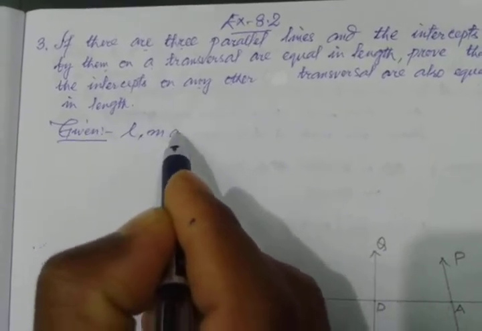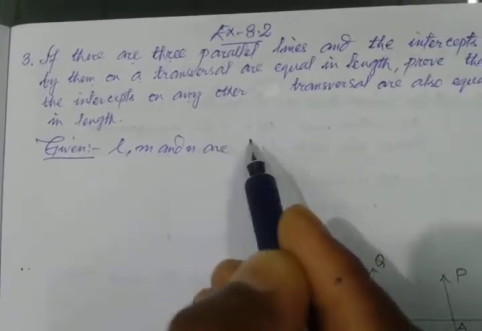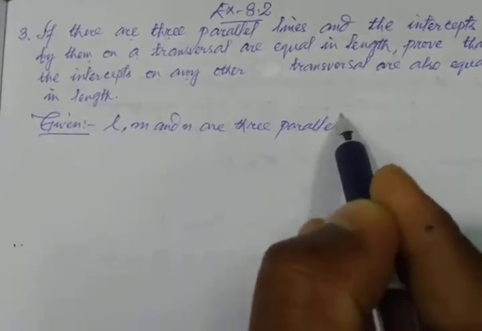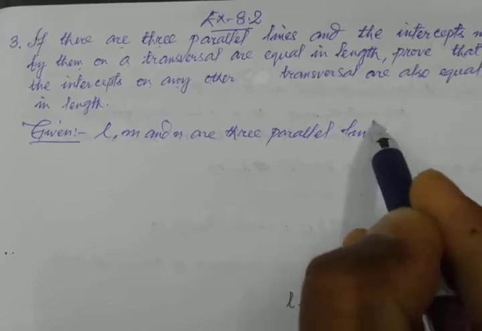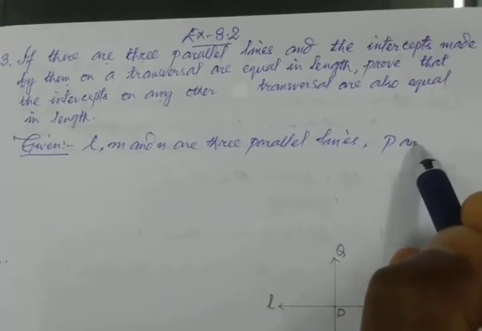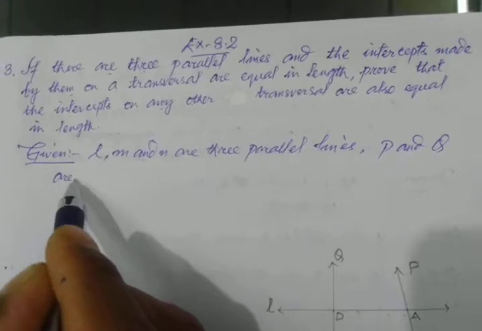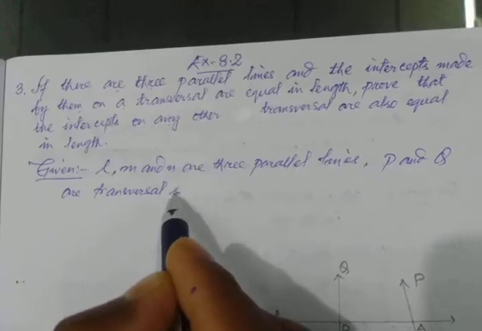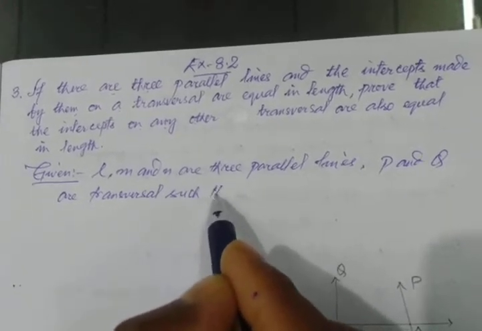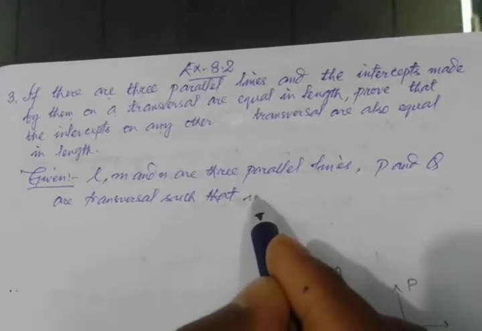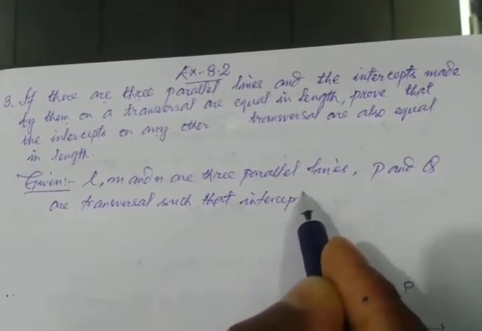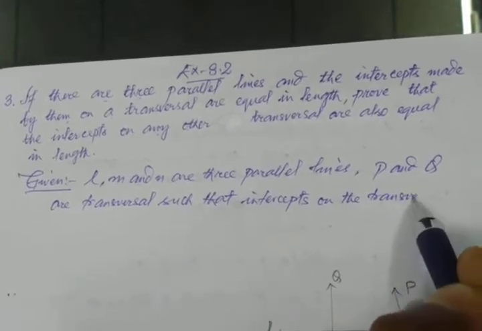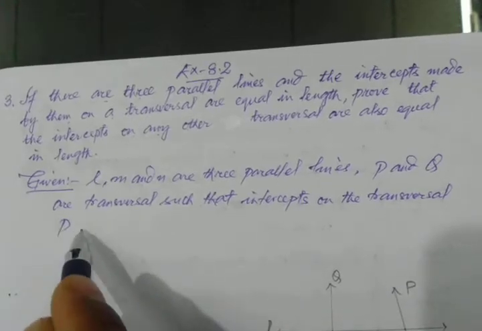L, M and N are three parallel lines. P and Q are transversals such that intercepts on the transversal P are equal.